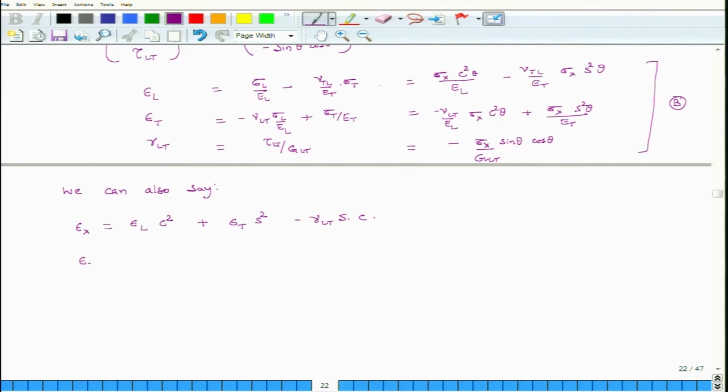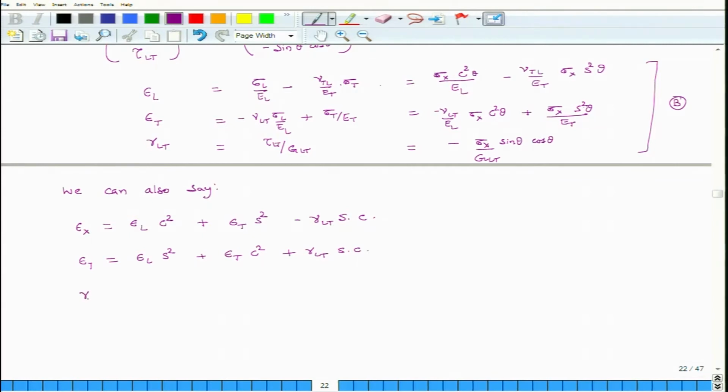Similarly, epsilon y equals epsilon L sine square theta plus transverse strain times cosine square theta plus gamma LT sine theta cosine theta.